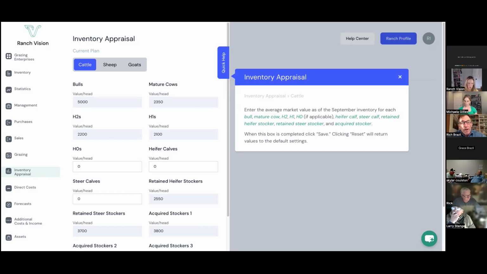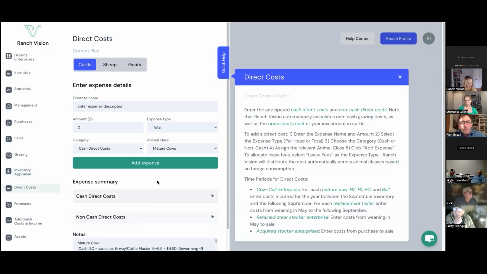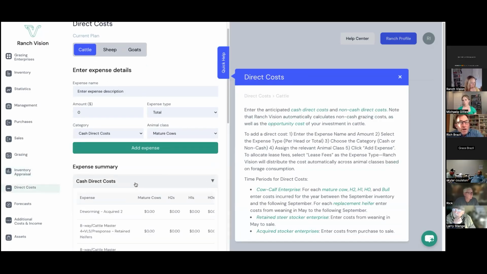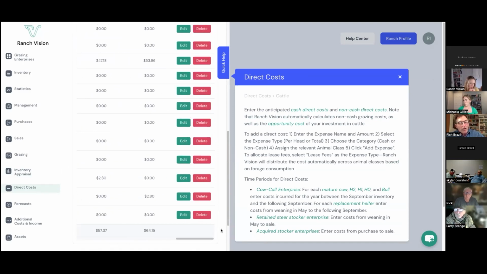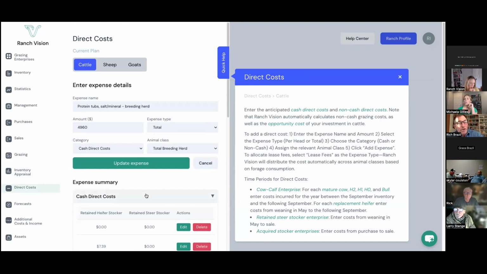So we're calculating that. We need to know the average value of each of those animals within the class to do that. That's what this panel is for. And then here's the direct cost calculator. This automatically calculates all your grazing costs, which generally are your most significant costs.